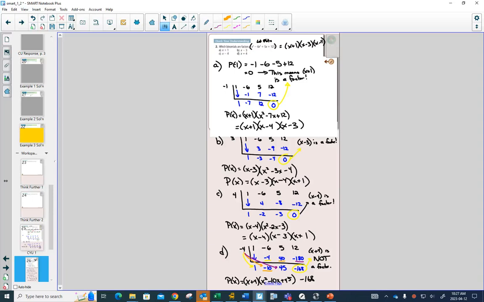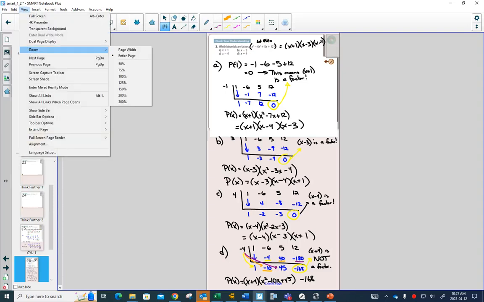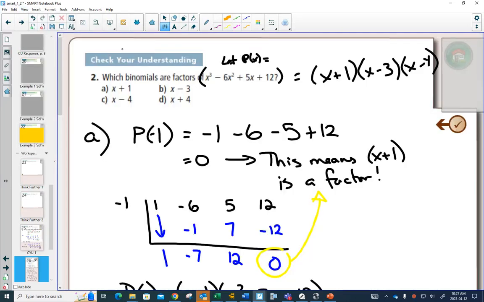Okay? Well, there is a bit of strategy on saying which factors might work and which ones will never work. So I'm going to zoom back so that you can see it wider here. Okay?